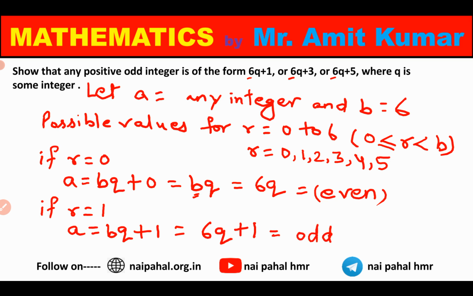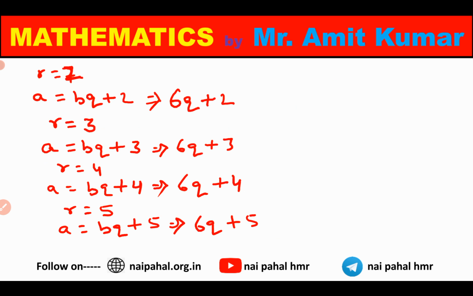Let's come to the next point, where r is equal to 2, 6q plus 2. If q is 1, 6 times 1 is 6 plus 2 is 8. It means it becomes even. For the next case, 6q plus 3, we take q as 1, 2, 3, any integer.